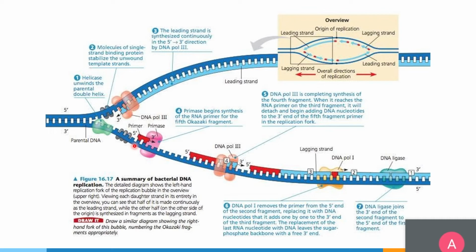You see, when we focus on just this half of the replication bubble, we'll be able to appreciate that in the old DNA there were two strands. One was the sense strand, that is the upper one, and the lower one is the antisense strand. The sense strand was arranged in a 5' to 3' direction.